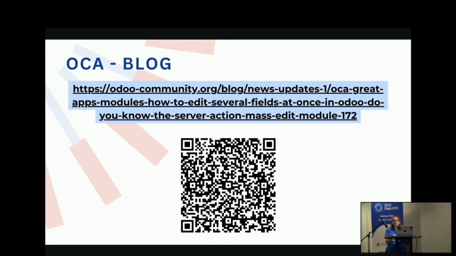And if you didn't scan the QR code or you want to come back to it later, you just go to odoo-community.org/blog and search for mass edit and you will find it one more time.